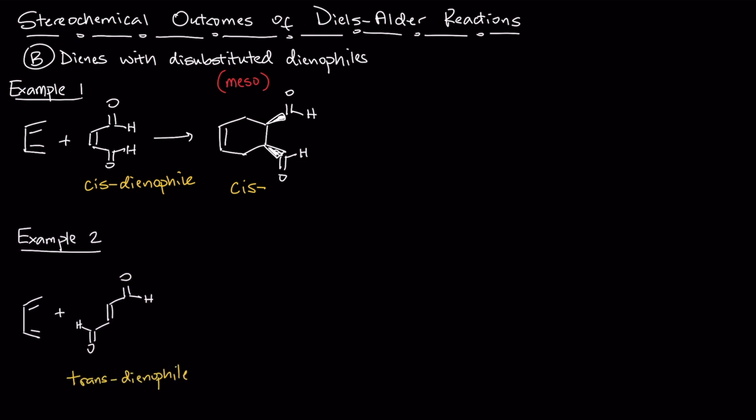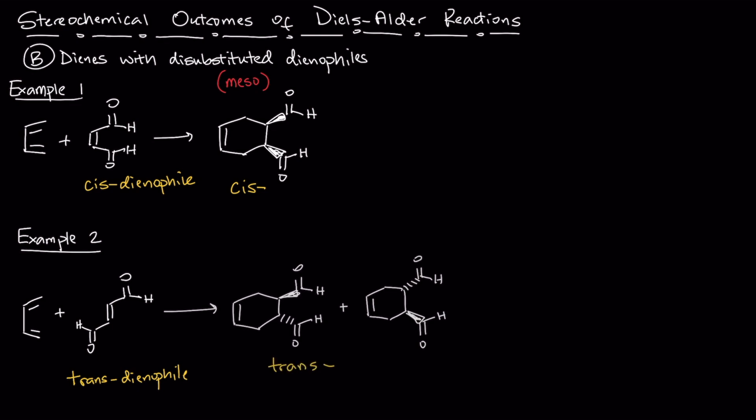In example 2, we take the same diene, but this time we react with a trans dienophile, and we see that in our product, we form two stereoisomers of our product, both of which are trans disubstituted cyclohexenes.